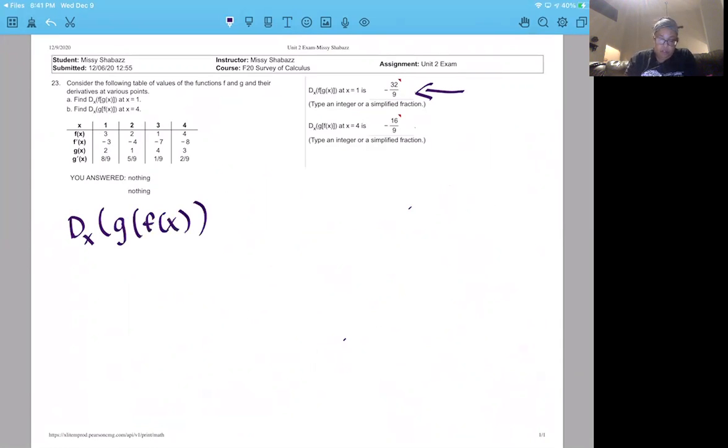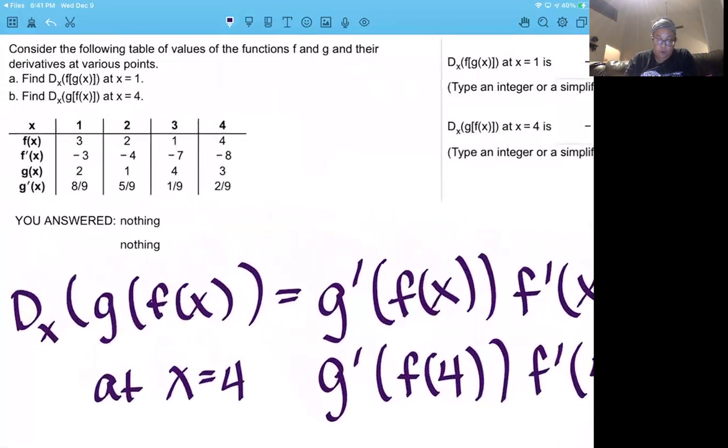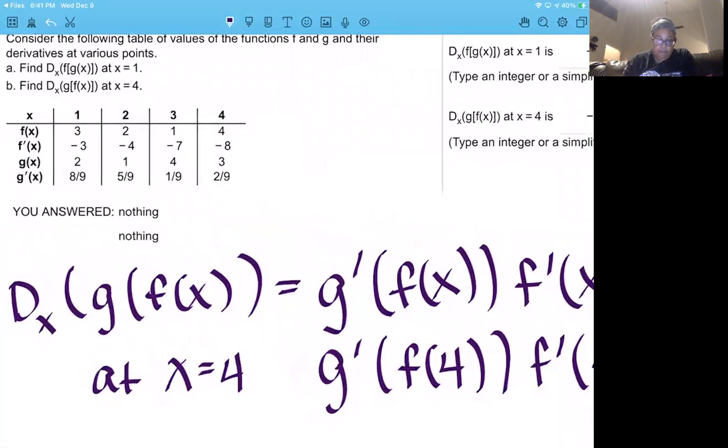So they want g prime of f of x times f prime of x. That's our chain rule. So at x equals 4, we want g prime of f of 4 times f prime of 4. So let's go to 4. f of 4 is 4, and f prime of 4 is -8.